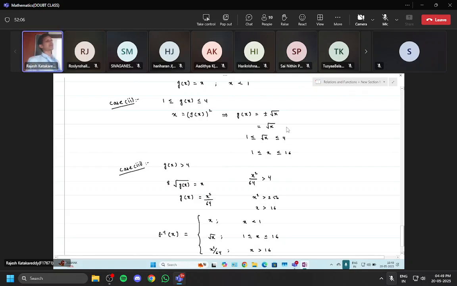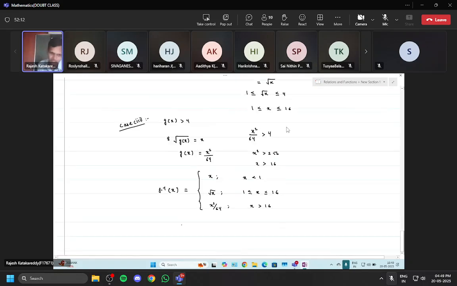I need f inverse 256, or g of 256. For that, we substitute 256 in the function. In this interval only we have 256. We are using that: 256 into 256 divided by 64. 64 into 4 is 256, I guess.